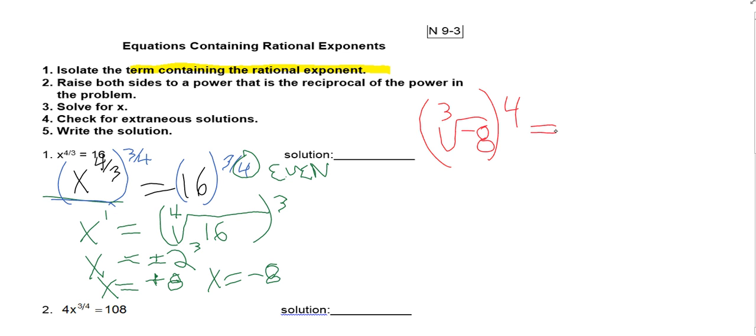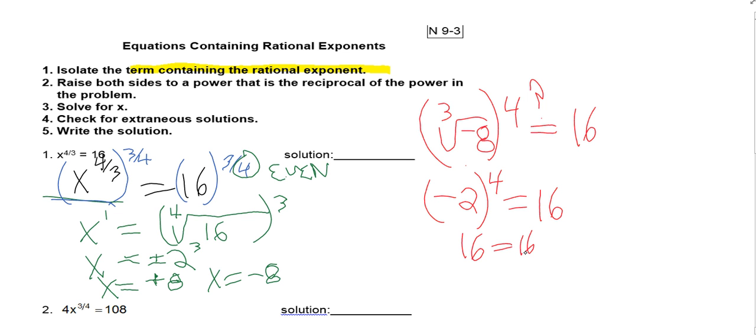And we're checking to see if that's equal to 16. So what is the cube root of -8? That's simply -2. And then if you raise that to the 4th power, that would of course equal positive 16. So that one checks out.